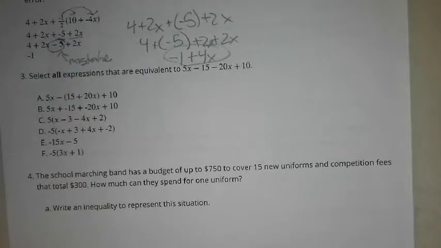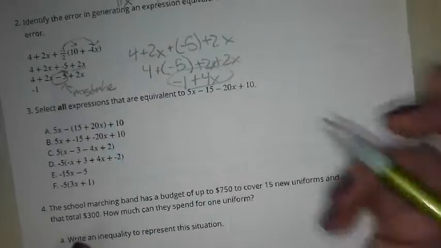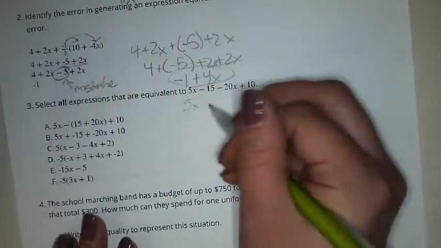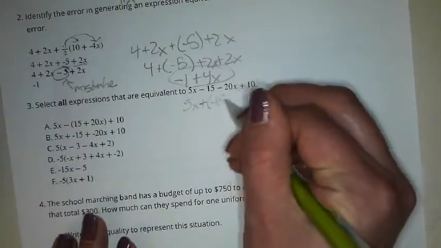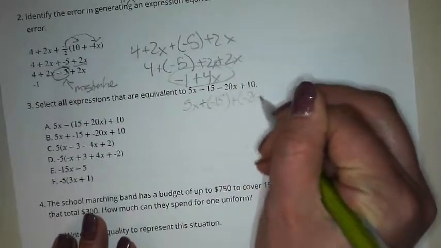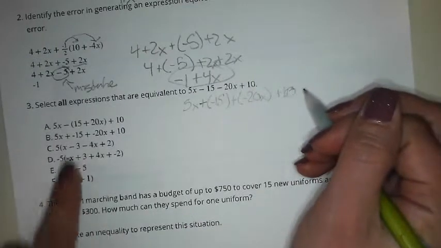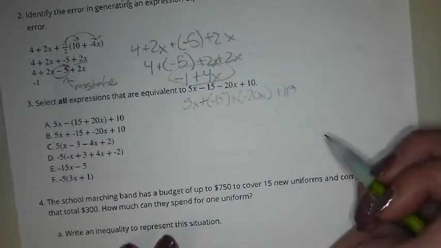3. Select all the expressions that are equivalent to 5x minus 15 minus 20x plus 10. Okay, so I'm going to rewrite this. Before I even look over here, I'm going to rewrite this all to addition. And I'm also going to write it in simplest terms, because I can see that I might have some simplest terms over here.